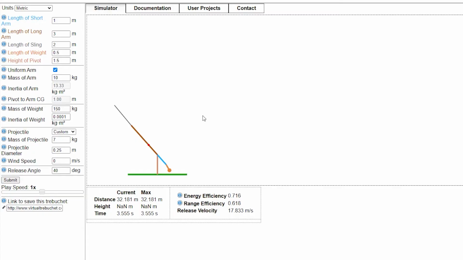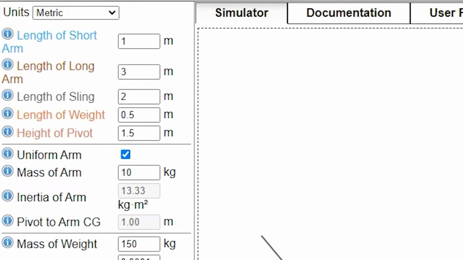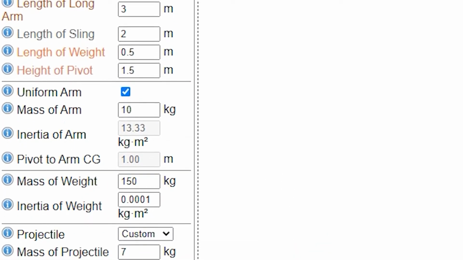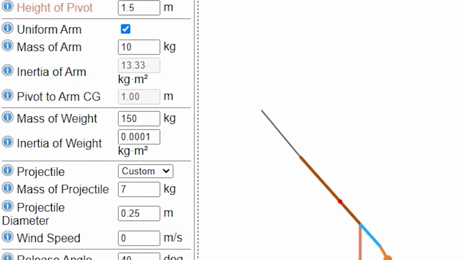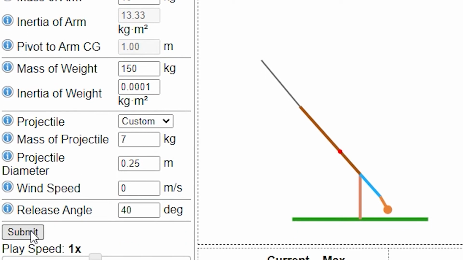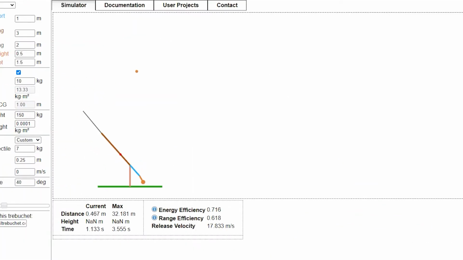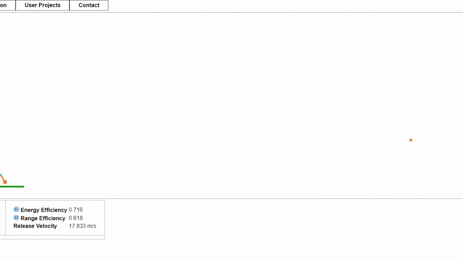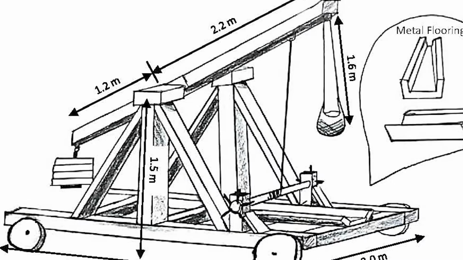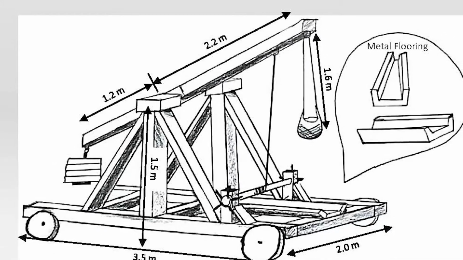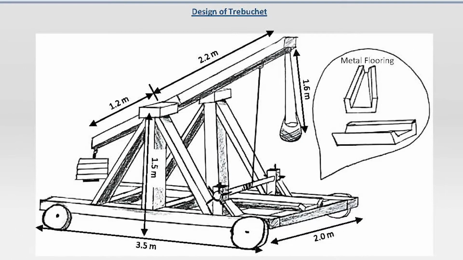The trebuchet was designed with the use of a virtual trebuchet simulator, with the use of equations of motion as well as calculation for aerodynamic drag to calculate the trajectory and efficiency of the projectiles. During these calculations, the components of the trebuchet are considered rigid.